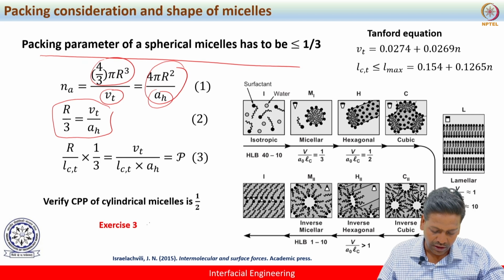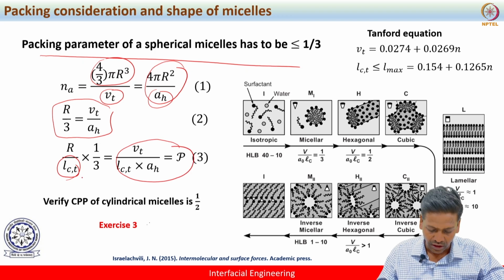But we want to forcibly introduce the parameter called chain length, so that this becomes a dimensionless quantity. If you introduce this chain length on both sides, one would get this packing factor, and you see this packing factor has to be less than or equal to 1/3.